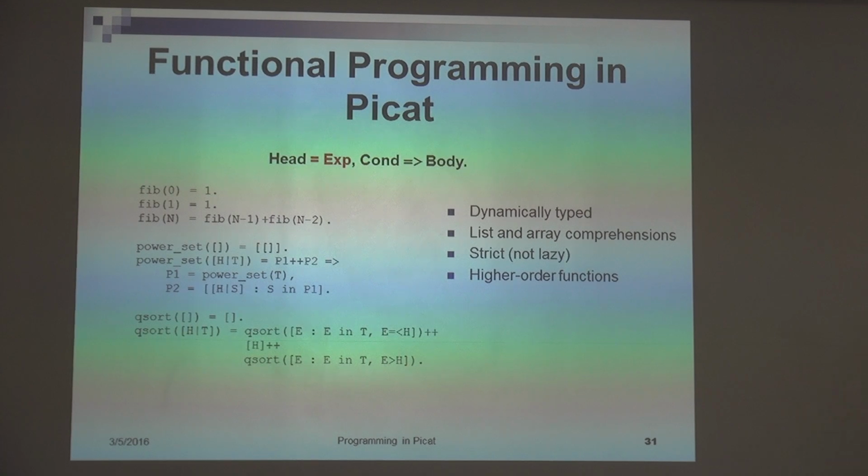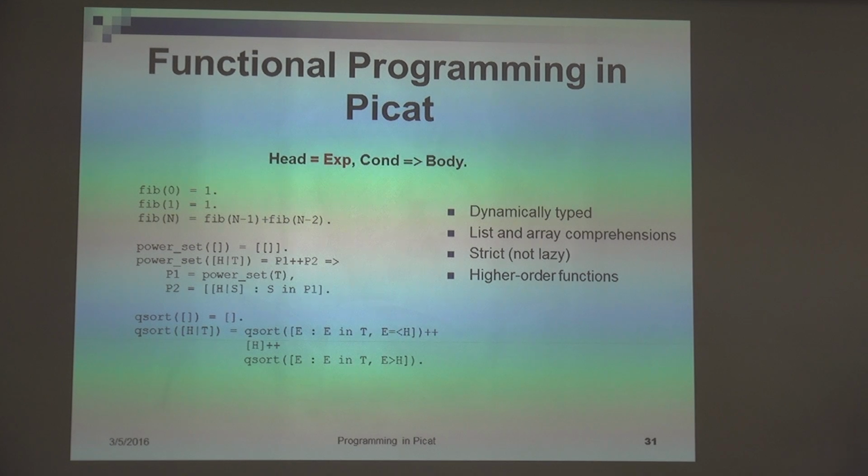All right, functions. Functions are not that special. You have a head, then equal, and an expression, and then this becomes a function. It is the same rule, but of course for functions you cannot use backtrackable rules. Why? It doesn't make sense for a function to backtrack.